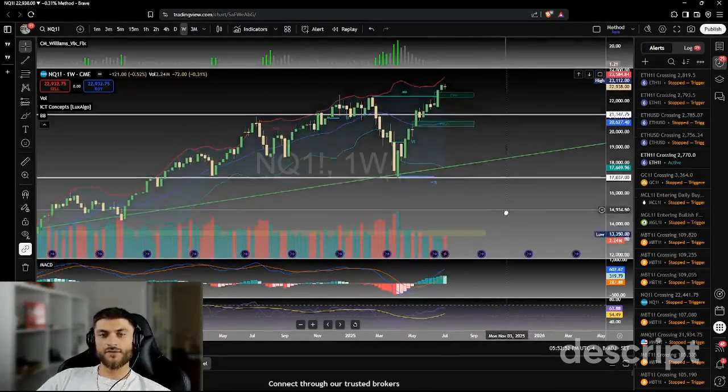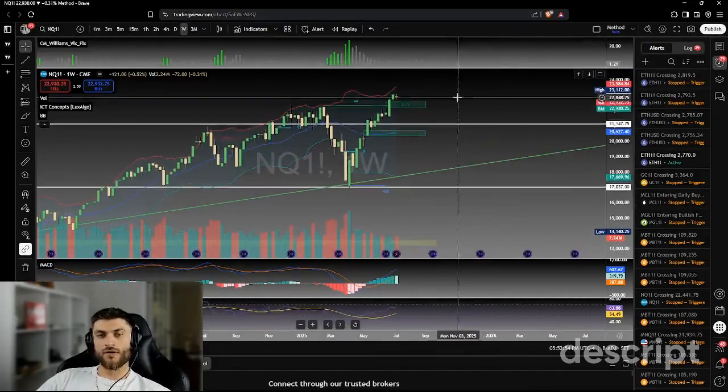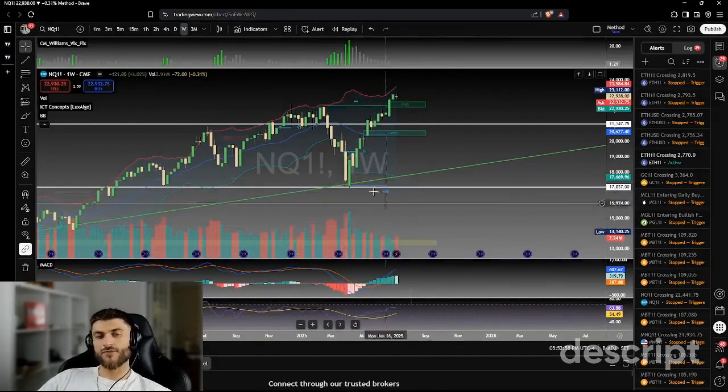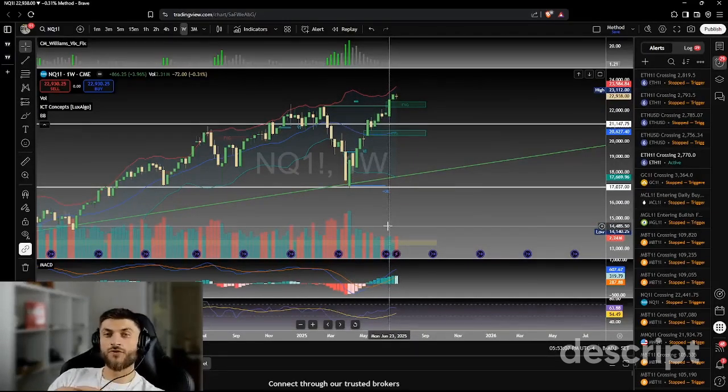So here on the daily, this will give you all a better idea as to why I say that. We've got some divergence here, volume falling off on the weekly as price continues to go up. Generally, in a strong uptrend, you want to see price increasing and volume increasing.